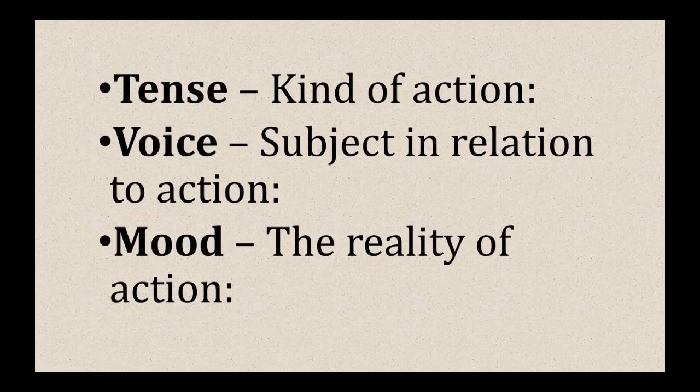So tense, kind of action: is it occurring, continuous, completed? Voice, subject in relation to the action: active, middle, or passive? And then mood, the reality of the action. Is it a statement of fact or an affirmation of the fact?